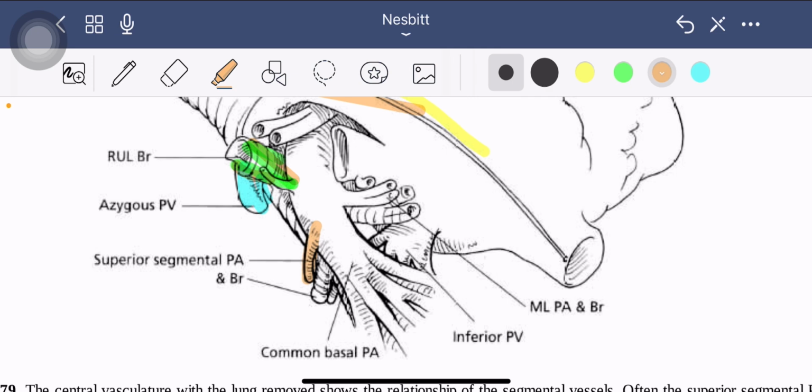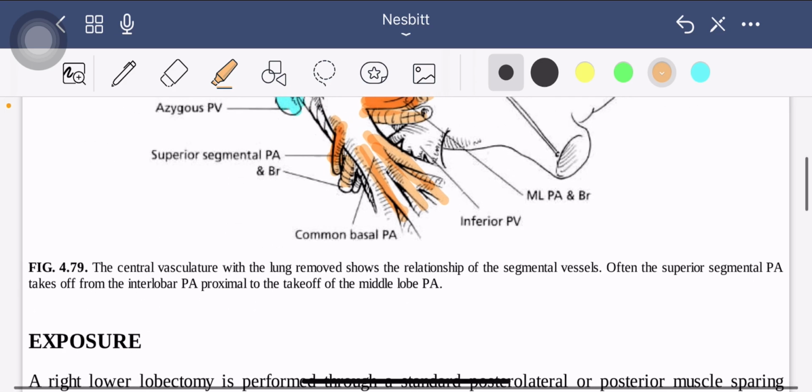This is the azygos vein, and this is the superior segment pulmonary artery. Opposite to the superior segment pulmonary artery, we will see the middle lobe pulmonary artery. They are opposite to each other. So the superior segment artery and bronchus of the right lower lobe are opposite to the middle lobe structures. And this is the common basal pulmonary artery of the right lower lobe.